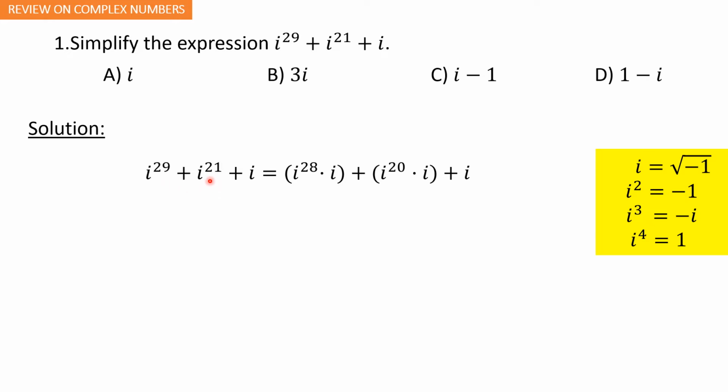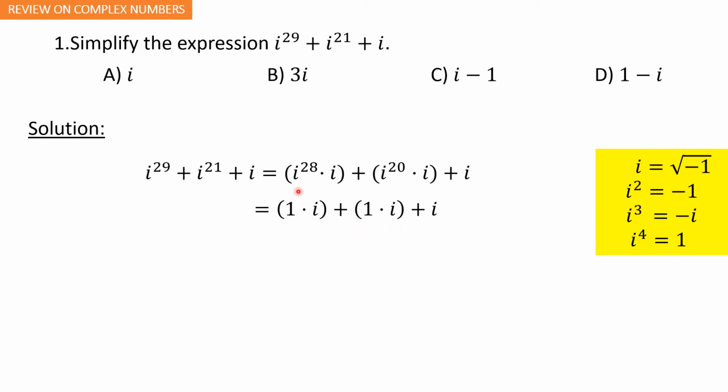So, since hindi sila exactly divisible by 4, i-factor out natin yung i to the 29 by i to the 28 times i. Si i to the 21 naman ay i to the 20 times i. Bakit? Kasi exactly divisible by 4 si 28 at si 20.